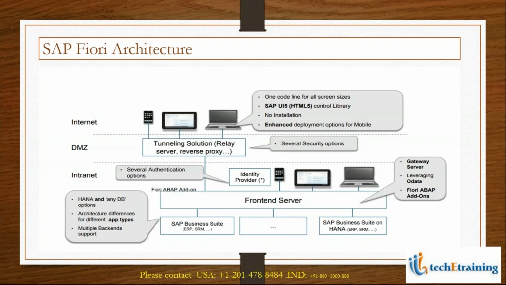In order to communicate from your Fiori front-end server to your SAP backend server, there is a trusted RFC and the system alias will be maintained. Through the trusted RFC system alias, it will communicate to the corresponding SAP ABAP server, read the needed data, and present it in the UI5 application.